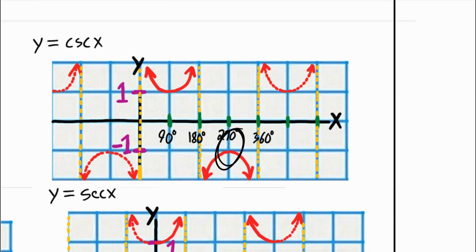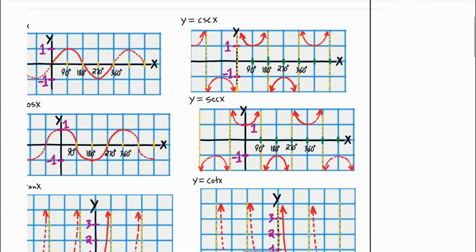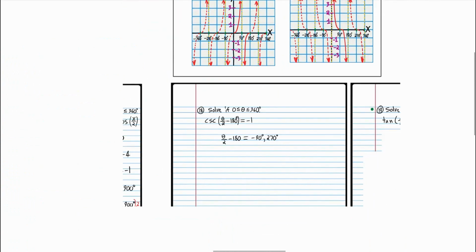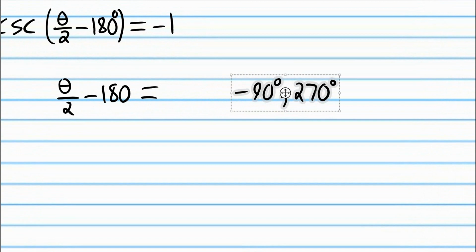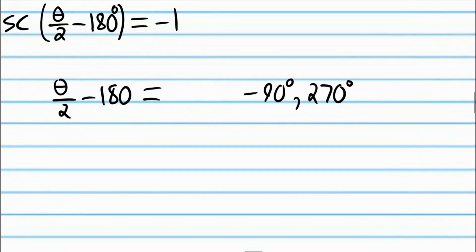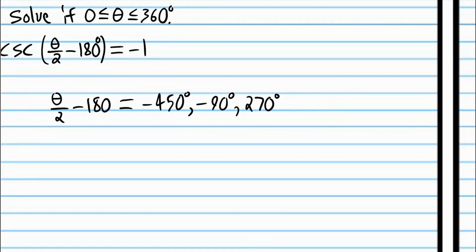And if we subtract, notice there's 1, 2, 3, 4. So that's 360 degrees between the numbers. So I'm going to go ahead and subtract 360 from negative 90. And then we get negative 450. So I'm going to find an extra negative angle there.